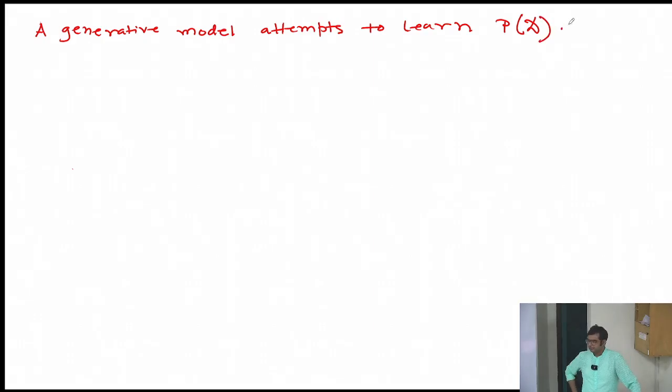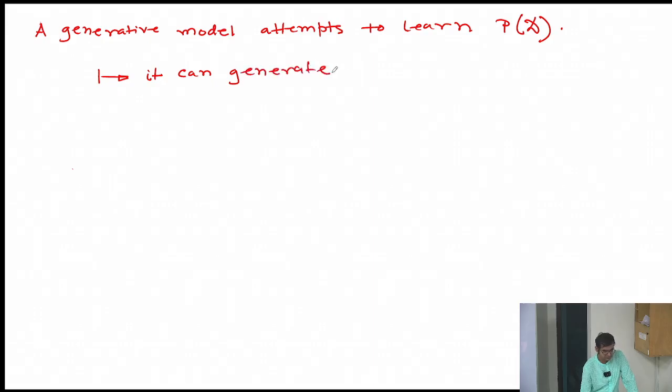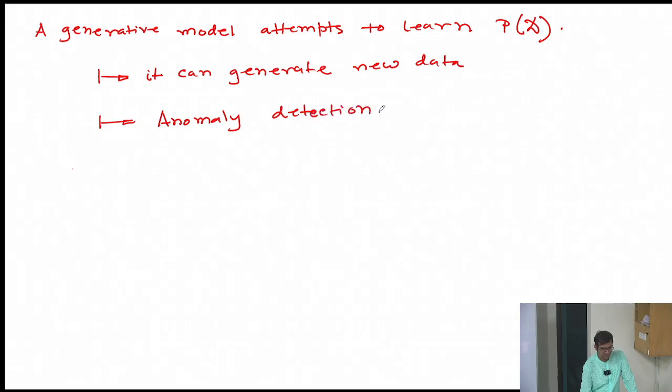The evidence is what it tries to learn, so that it can generate new data. And then if I talk about application, one application can be anomaly detection, and obviously generation anyways is an objective of its own, right?